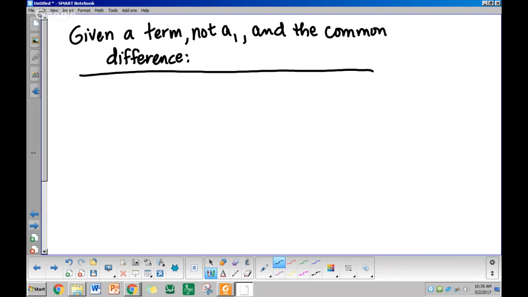So let's say we got a sub 13 equals 30. That means the number in the 13th position is 30, and the common difference then is d equals 3 halves.